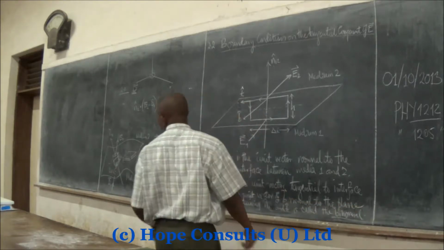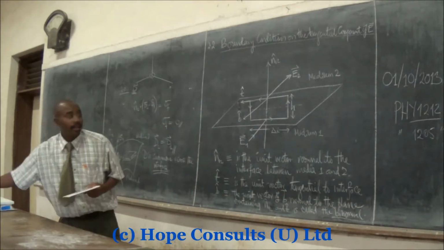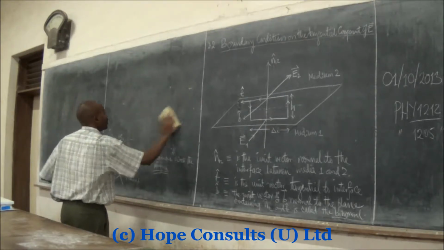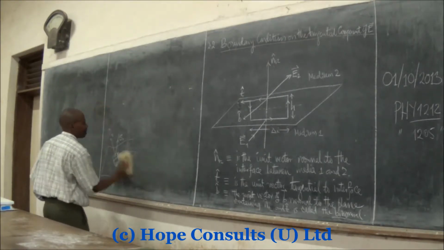And this binormal is given by the cross product between T and N12.